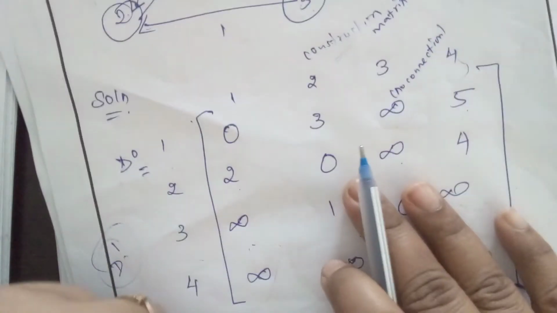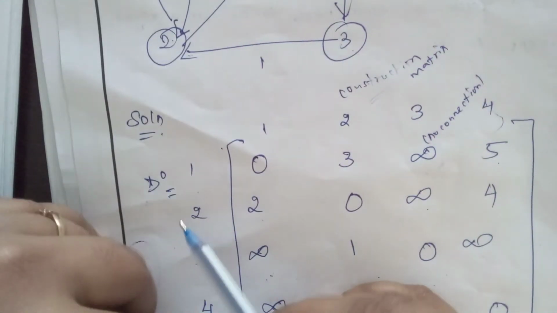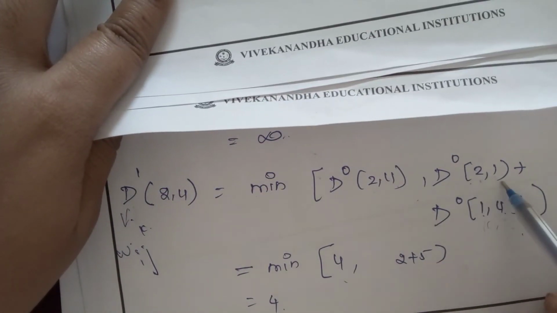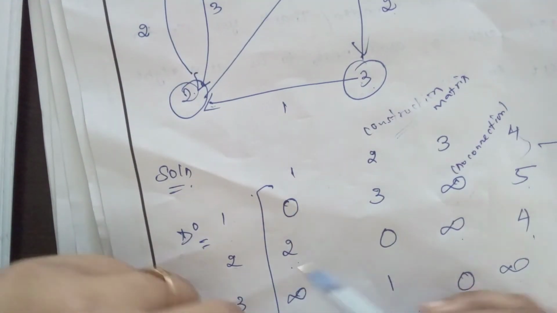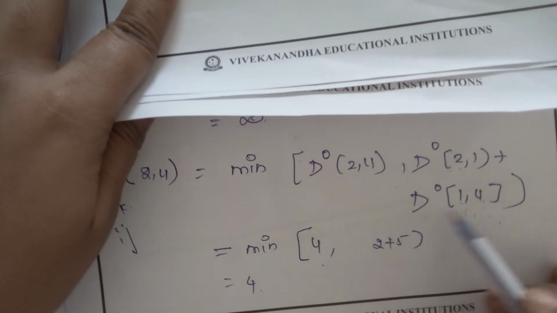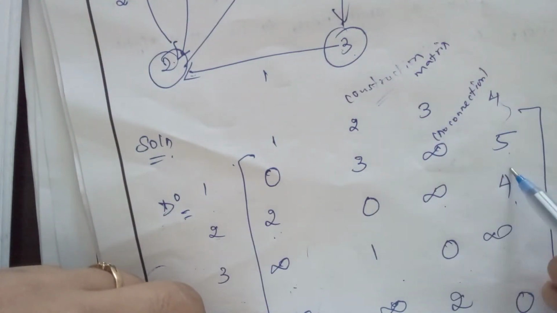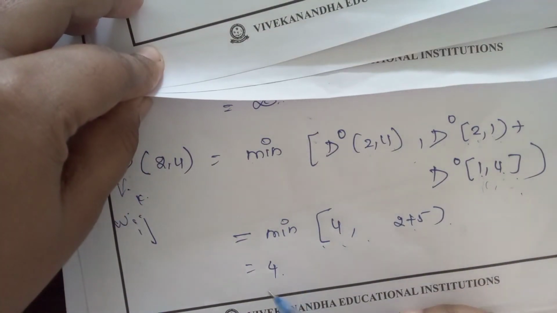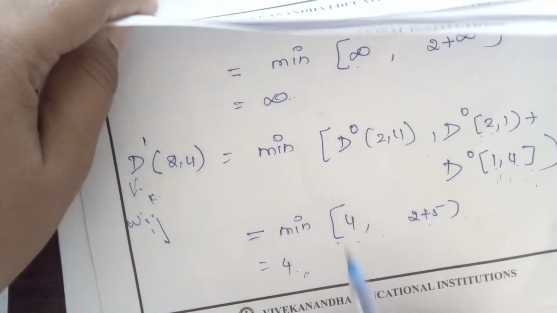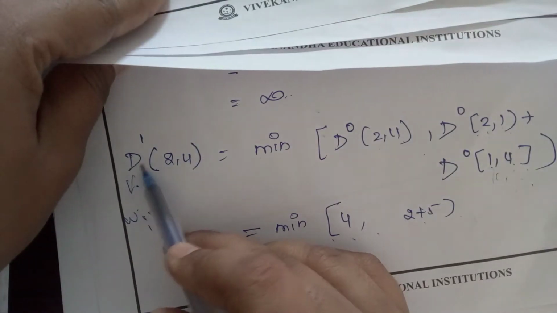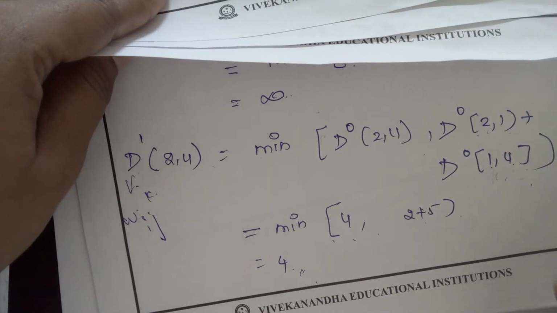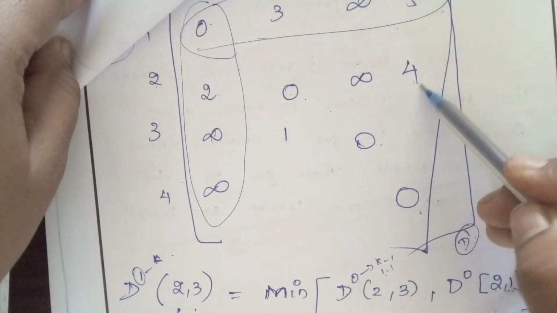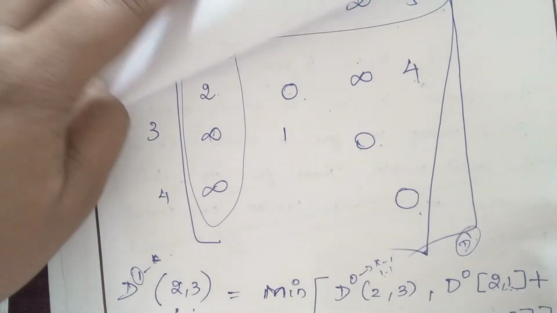Just substituting, D⁰(2,4) value is 4, so we write 4 here. Same, D⁰(2,1) we have 2, and then D⁰(1,4) we have the value 5, so we substitute 4 comma 2 plus 5, that is 4. Taking the minimum value, D¹(2,4) is 4. Like that you have to write all the values, okay.